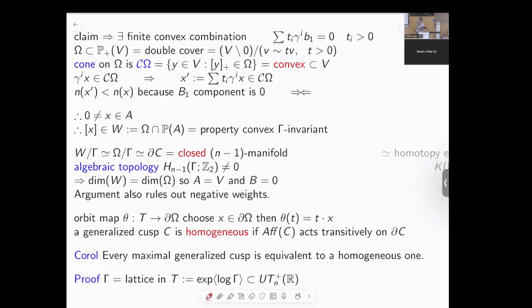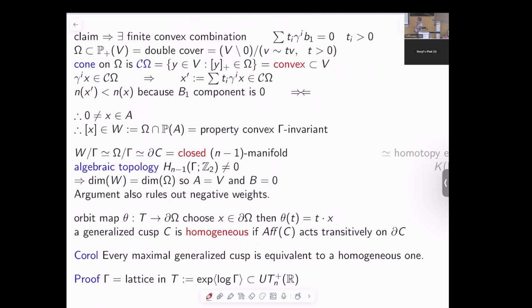And the original vector I had, remember that the original vector X had some non-zero B1 coordinate in it. If I take the corresponding convex combination, not of the orbit of B, but the orbit of X, I get a new vector X prime, the corresponding combination of the orbit of X. And because this is a convex set, this convex combination is in the convex set.